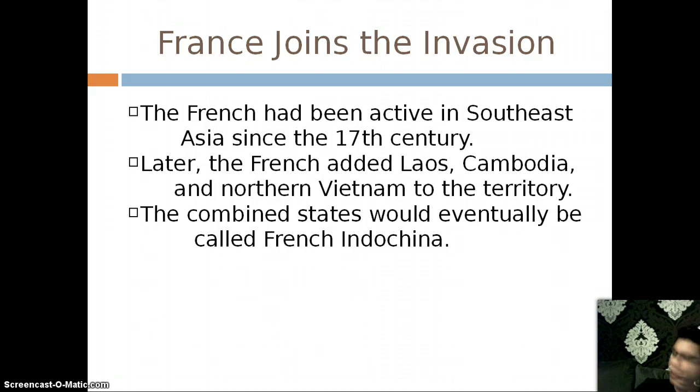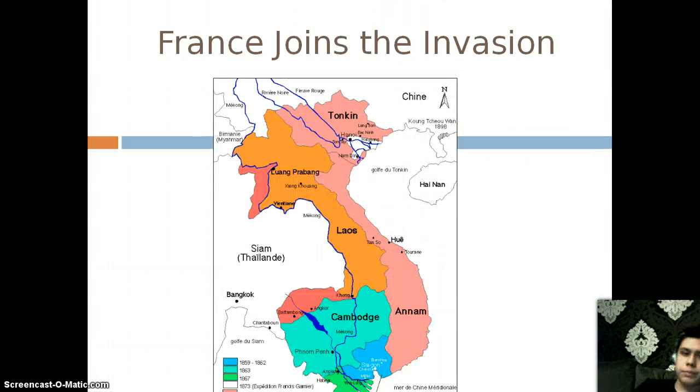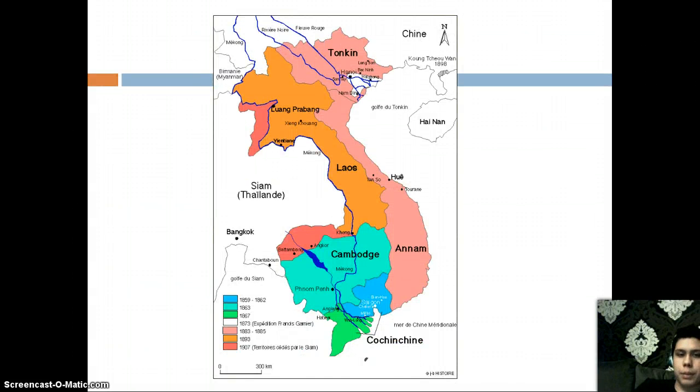And again, sorry, it should be Indochina, not Indonesia. This is the map.